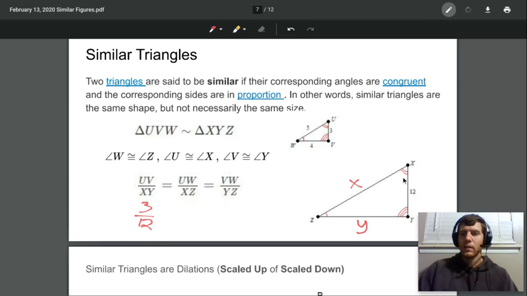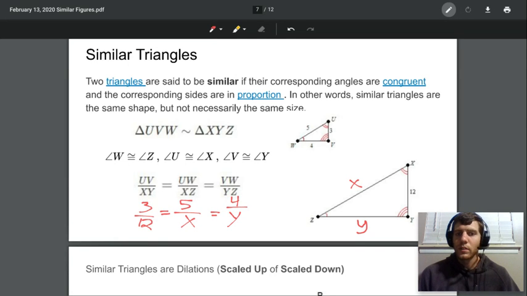XY is 12. UW is 5. XZ is going to be X. VW is 4. And ZY is going to be Y.